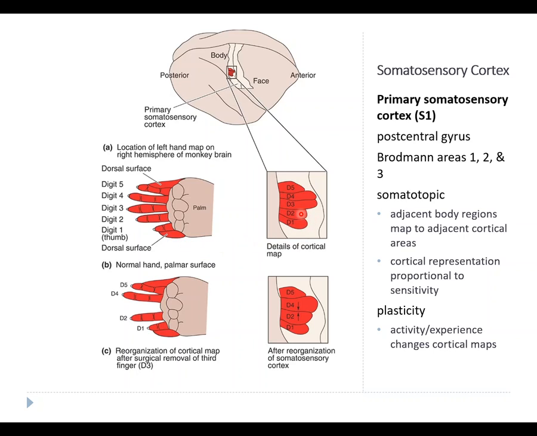So if you stick an electrode right here and touch the palmar surface of digit 3, you will see activity in that region. The question is, if you remove digit 3, what happens to those neurons? The neurons themselves presumably are still there, but they're not getting any input from digit 3. So if you come back later and record from that same area, what will you see? Will they just not respond to anything?